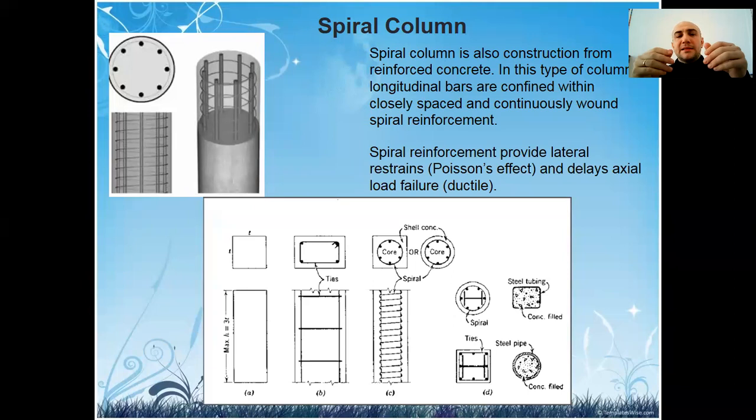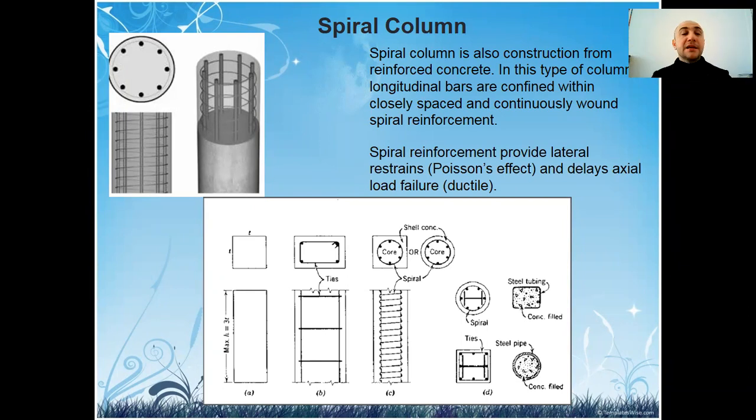And there are several specifications for the spiral column. The ratio of longitudinal steel area to the gross column area must be between 0.01 and 0.08, respectively. The clear distance between the spirals must be between 1 and 3 inches.